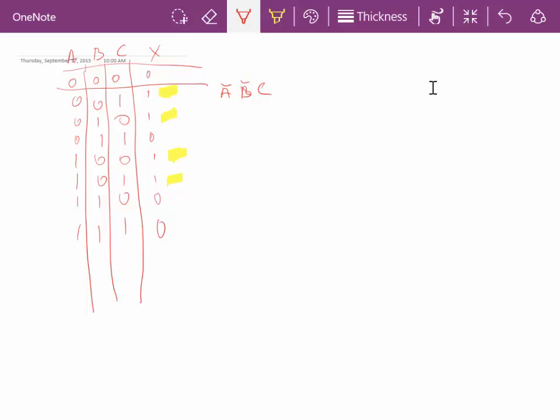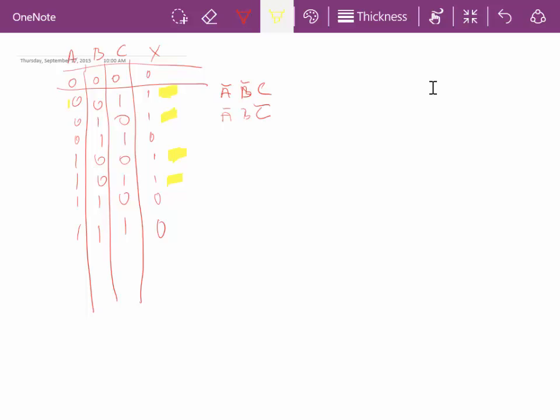And what I'm going to do here in a minute is I'm going to write all the terms down in another table. This term here is going to be A naught, B, C naught. Now what we're looking at here is if this is a 0 here, I write A naught. If this is a 0, I write B naught. This is not a 0, that's a 1, I write C.